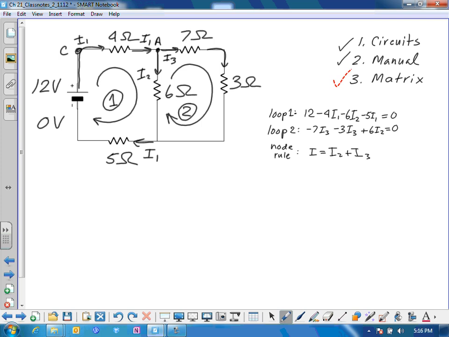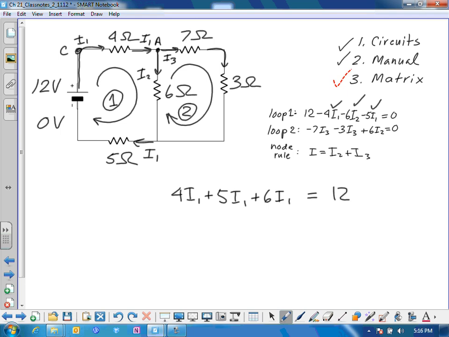So I'm going to make 4 I1, combine the other I1 terms, plus 5 I1, plus 6 I1, and that's going to be equal to 12.